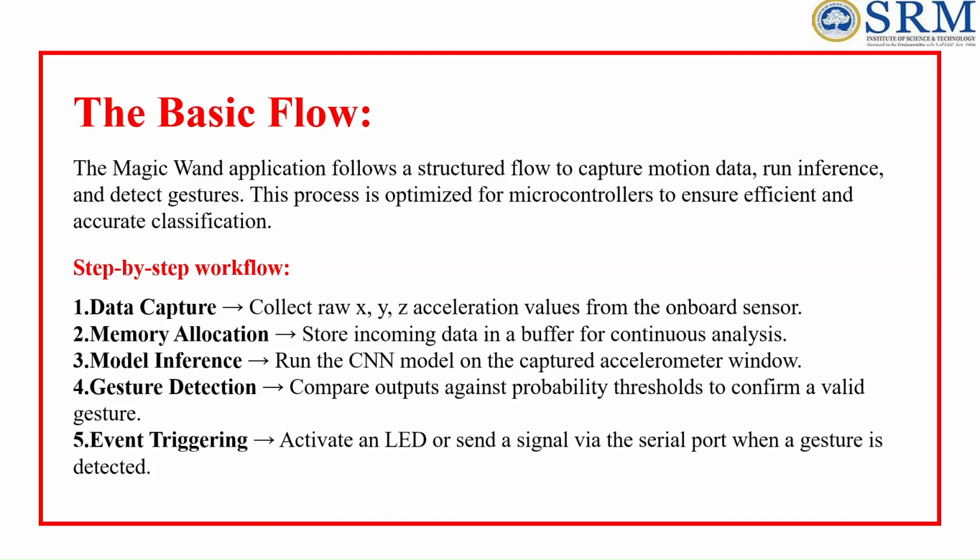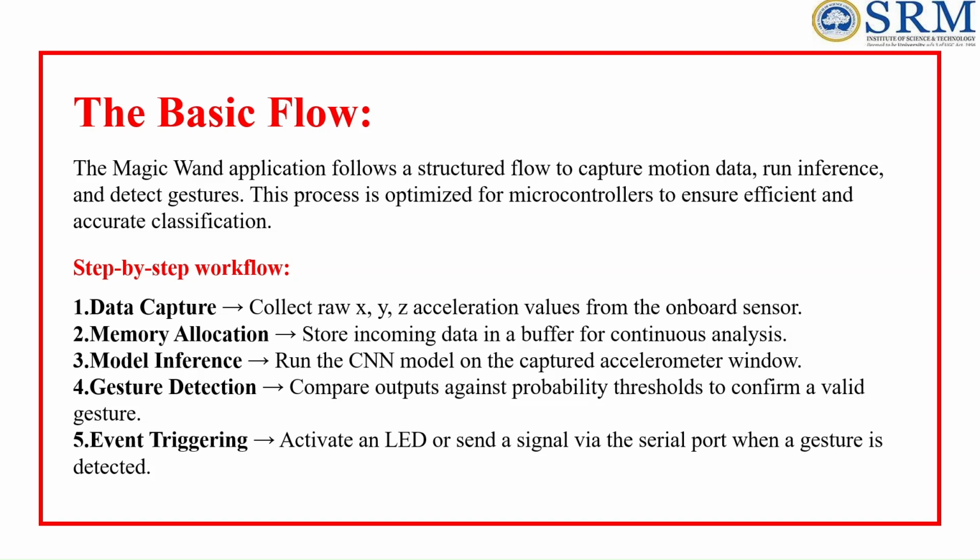Number 4. Gesture detection. The output is checked against thresholds. If a valid gesture is found, then it is confirmed. Then event triggering. Finally, the wand performs an action like turning on an LED or sending a serial output. This loop repeats continuously, allowing the wand to remain always on and responsive to every gesture.